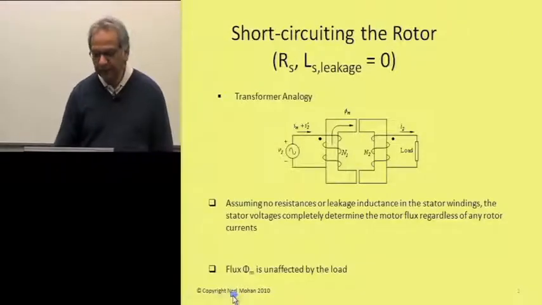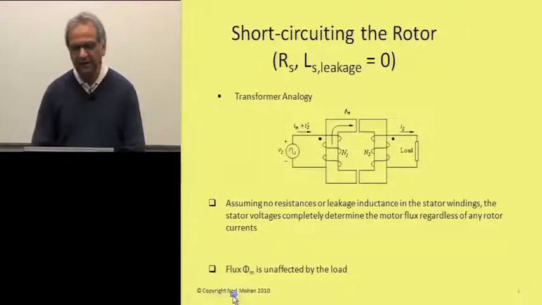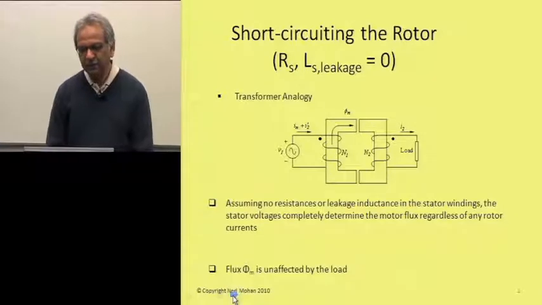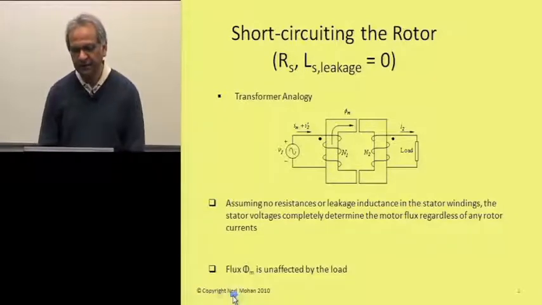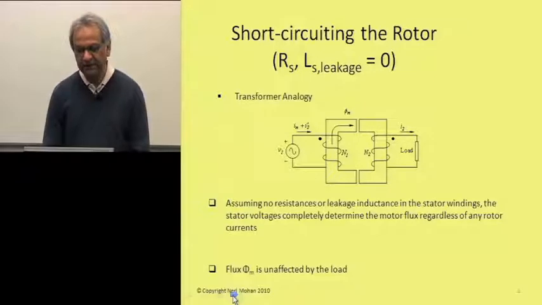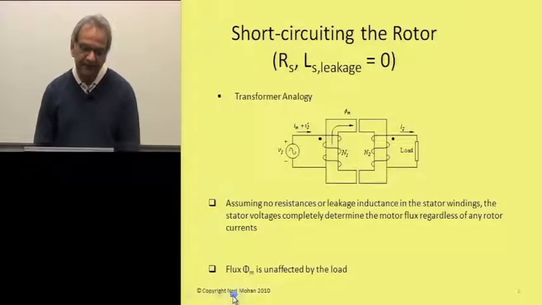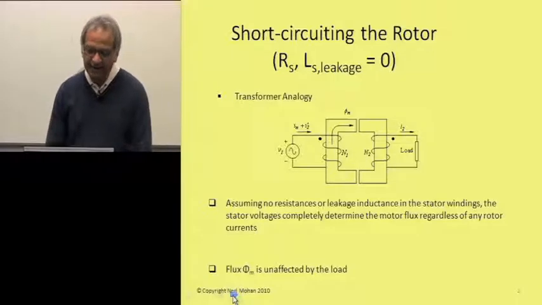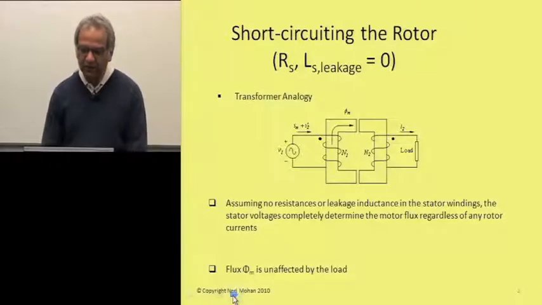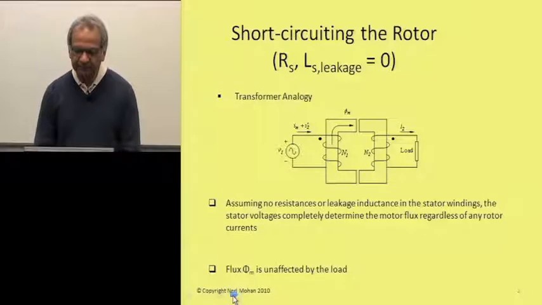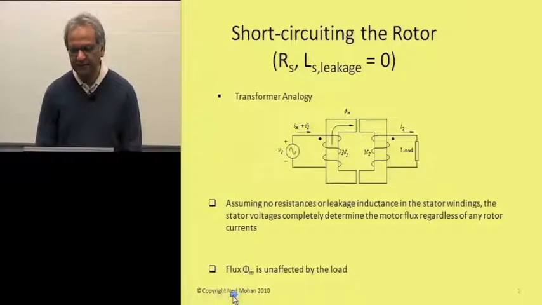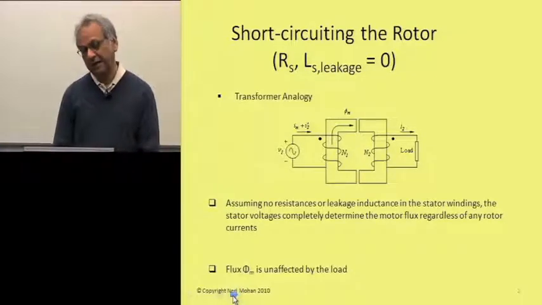All right, so to understand induction machines, I think this transformer analogy is extremely beneficial. So let's think of this transformer here with two windings, and I have purposely cut the core to emphasize that in induction machines we have two air gaps. The flux path has to cross two air gaps.